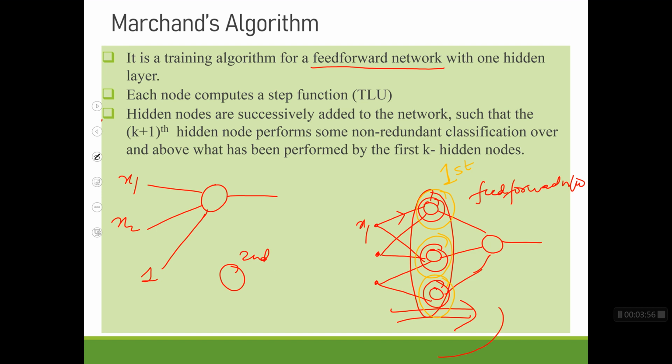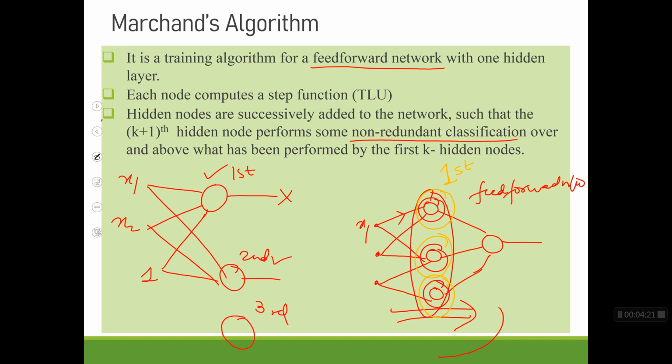So this is the second hidden node. The second hidden node which I add has to perform the classification which was not done by the first hidden node, so some non-redundant classification over and above what has been performed. The first node is doing some classification, the second node is doing some classification.